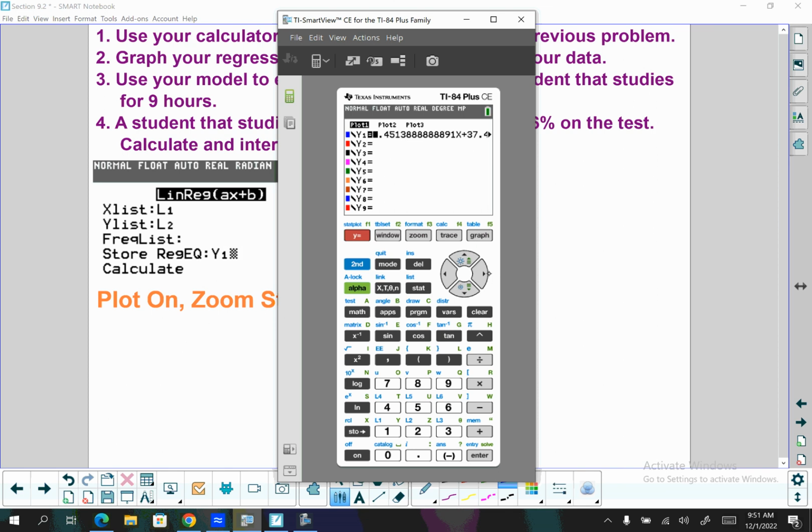So to get a nice window, we hit zoom, and then number 9, zoom stat, will zoom in on whatever statistics you have in your calculator. And then you should see this picture. Okay. So you can see my line doesn't have every point, but it's showing the general trend in the data. We have approximately the same number of data values above and below. It looks like it's hitting a couple of them exactly.